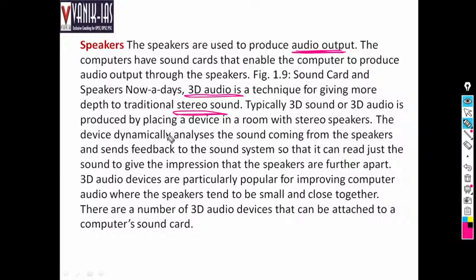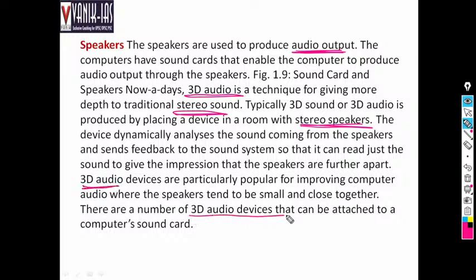Typically 3D audio is produced by placing a device in a room with stereo speakers. The device dynamically analyzes sound coming from the speakers and sends feedback to the sound system so that it can readjust the sound to give the impression that the speakers are further apart. 3D audio devices are particularly popular for improving computer audio, where speakers tend to be small and close together.